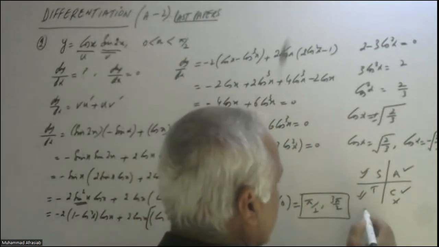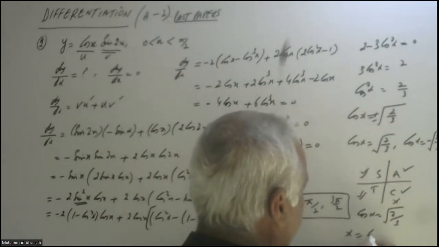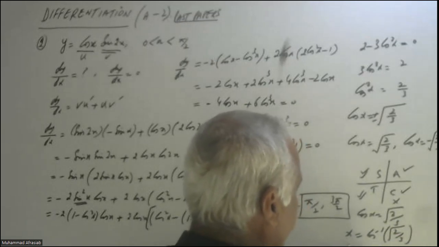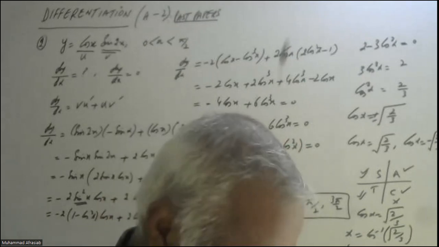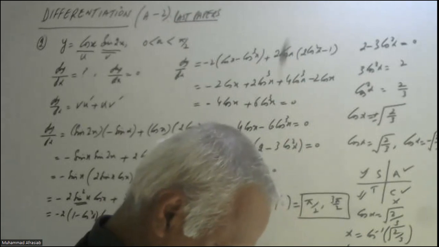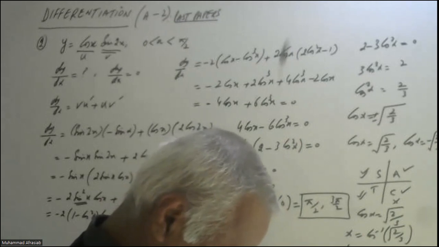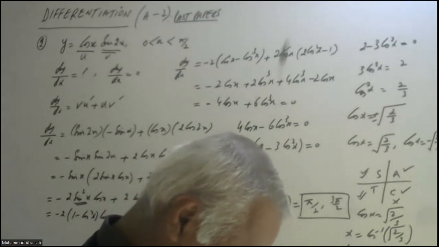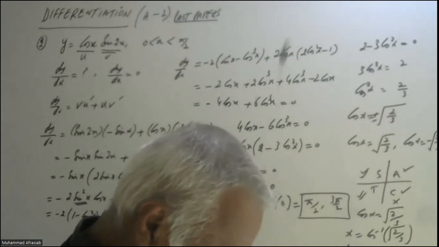So we will just take cos of x is equal to square root of 2 by 3, or x is equal to cos inverse of square root of 2 over 3, and that is equal to 0.62.